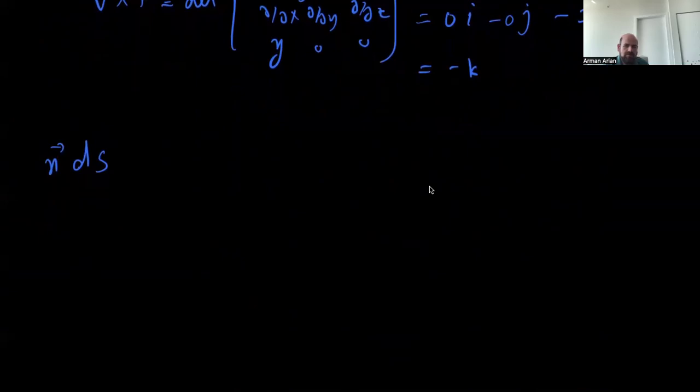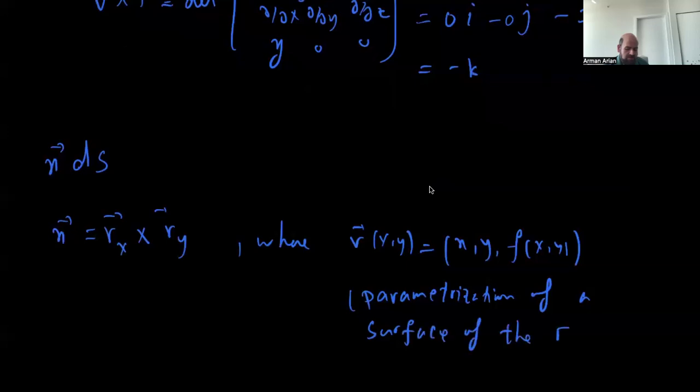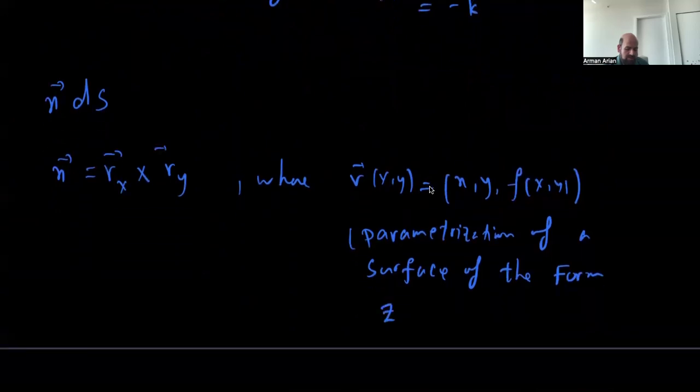We know that n, if you remember, was Rx cross Ry, where R of x and y is the surface parametrization of a surface of the form z equals f of x and y.